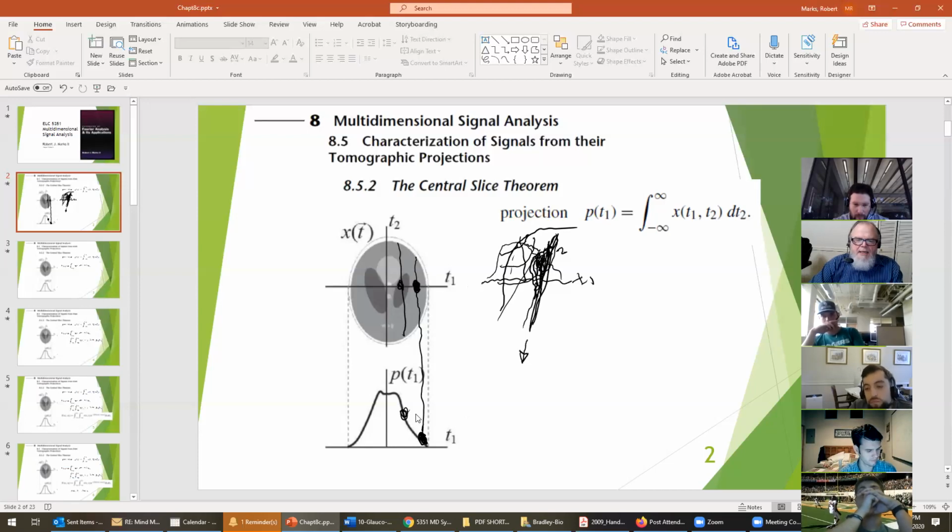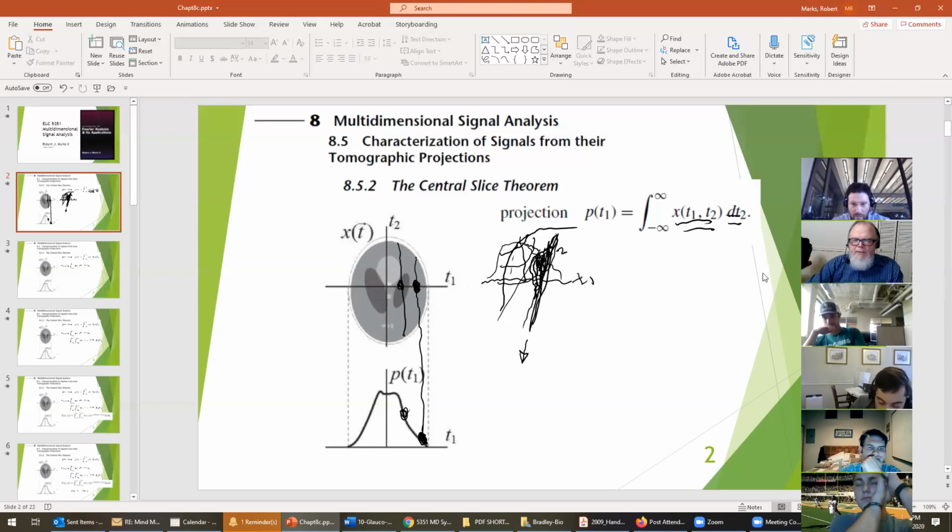And so as I change T1, I change the area of the slices. And so what am I doing? I'm integrating along this two-dimensional function in the T2 direction. I'm integrating from top to bottom here. So I'm integrating along T2. So for a given T1, the area under one of these slices, we will refer to as a projection. And notice this projection is a function of T1, which is where the slice is located. We good?